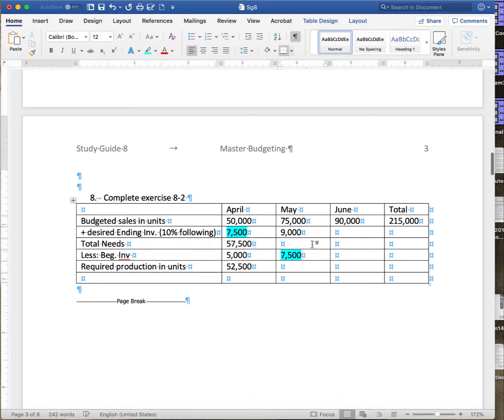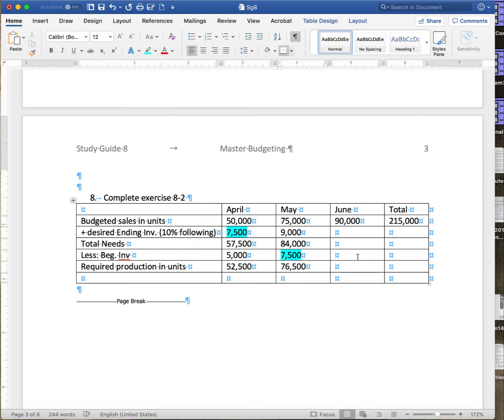That means my total needs for the month of May are 84,000 units. But how much am I required to produce? Well, I already started the month with 7,500 units. I need 84,000, so I subtract those two and I end up with 76,500. That's my required production in units.